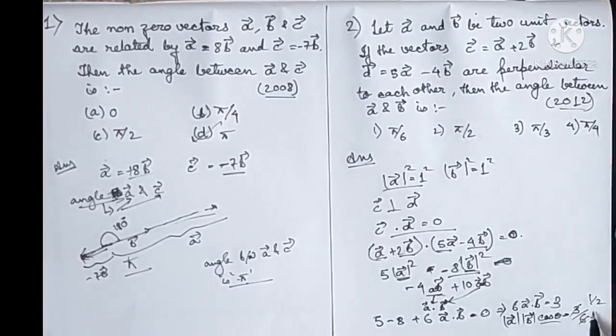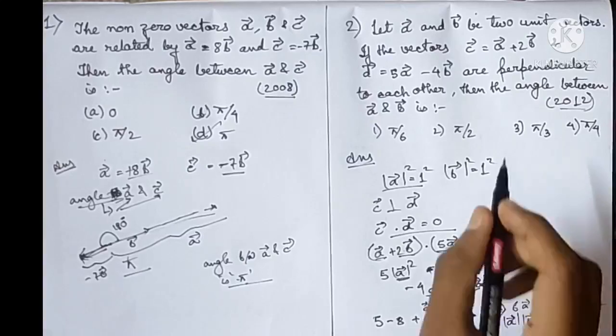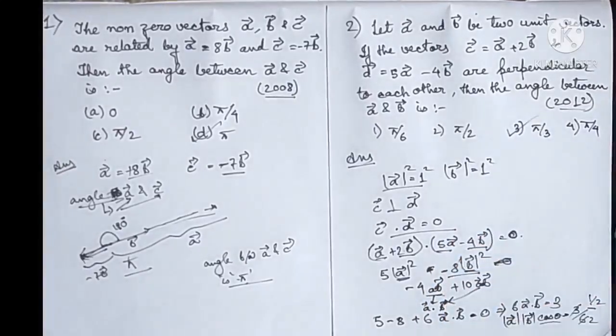And for cos theta 1 by 2, we know we have only one value, and that is what? That is pi by 3. So this is the answer.